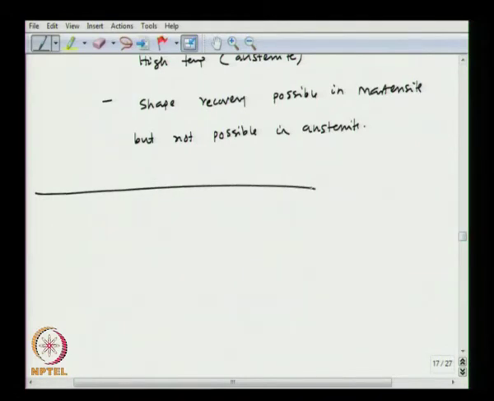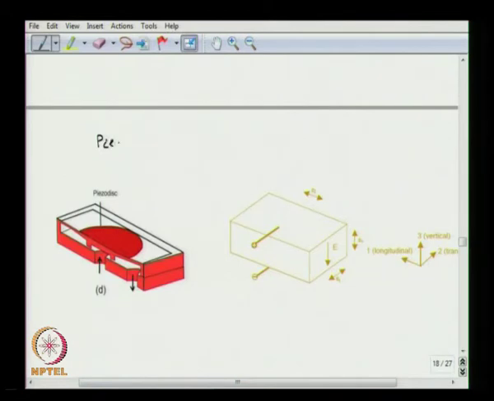So, with that, let us move on to piezoelectric based microvalve. Here we would have a piezo disc, as you can see here, and piezoelectric materials are the materials which can undergo strain, or can deform, by applying an electric field.